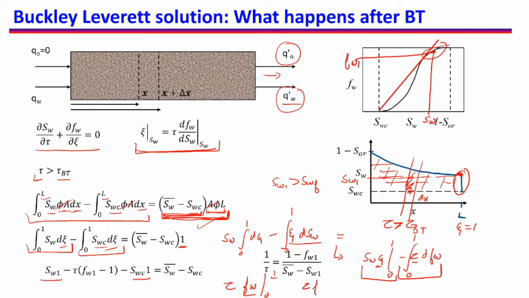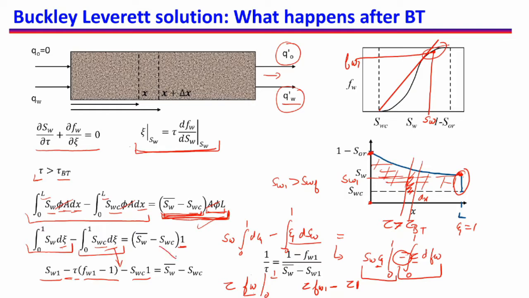So this will become tau fw1 minus, again, tau at xi is equal to 0. What is my fw? Because my water saturation is maximum, my fw will be 1 because there is no oil flowing, because oil is at residual oil saturation, so this will be tau multiplied by 1. So tau comes out with a minus sign because we had a negative sign here, so tau comes out as fw1 minus 1, minus SWC1, which comes from here.